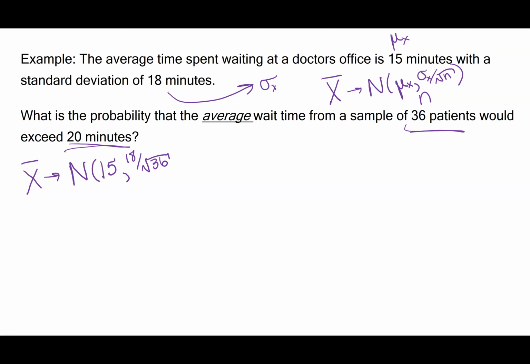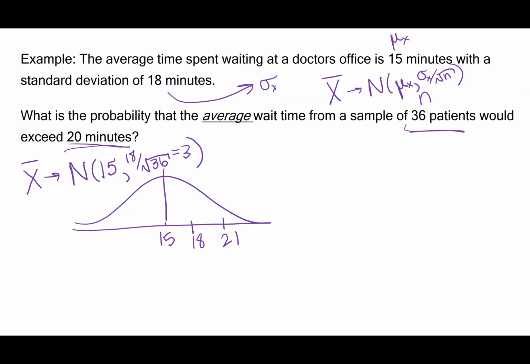So that's if I had this distribution here. It's centered at 15, and the tick marks are 3 away. You can write all of them if you want. 20 minutes. So 20 is here. Exceeding means higher than. So 20 minutes or higher. We want to know the probability of that right there, that wedge.